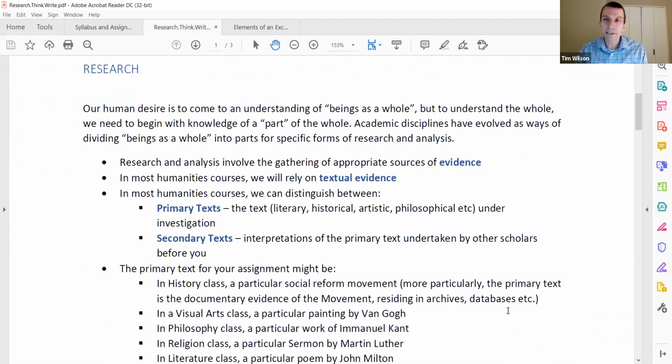So these are some basic points of departure for thinking about how to undertake the research when it comes to this class. Okay, the general principles hold for other courses, but the specifics are tailored for this class. So I kind of like to think of research, so why do we do it?